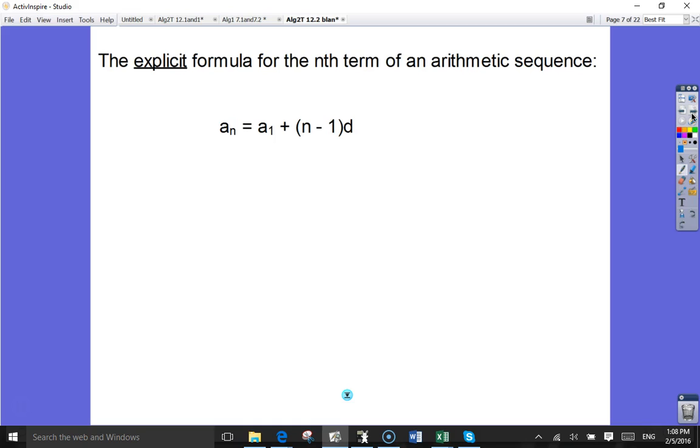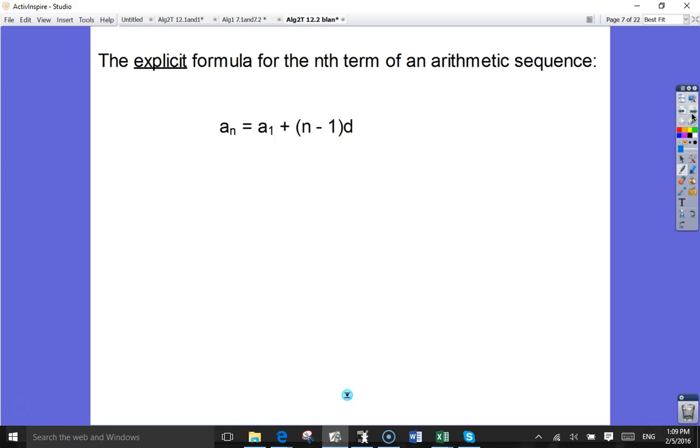It's going to determine the nth term for us. What is a_1? The first term of the sequence. And the n is the ordinal number: the second, third, fourth, whichever term you're looking for. And d is the common difference that we just introduced. Those are all the parts to it.